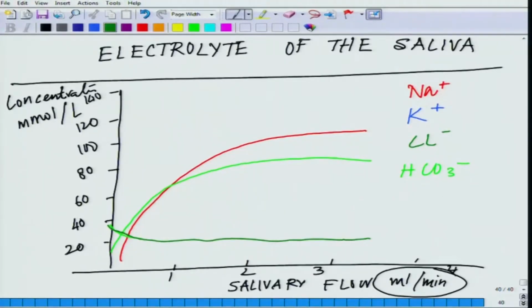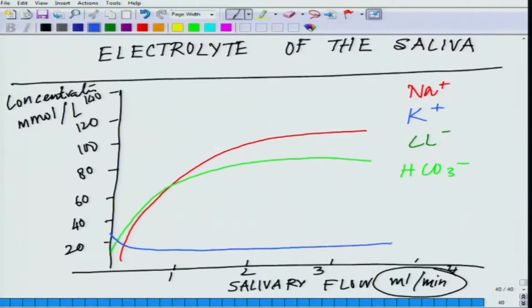Sorry, I picked up the wrong color, so let me redraw the potassium. Potassium is something like this. Okay. And if you look at the chloride concentration, which is in dark green now, it is very interesting.